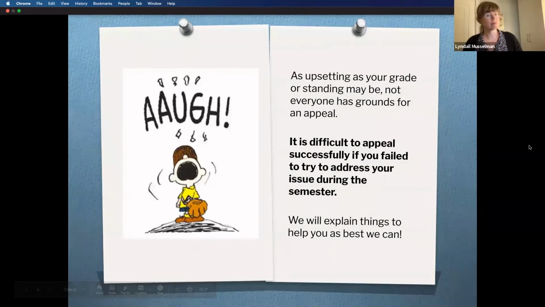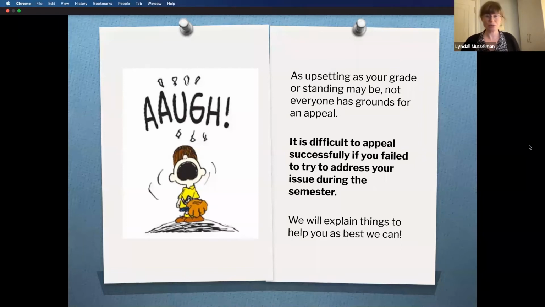So we say this with good intentions and with the goal of trying to support you as best possible, but we just want to let you know that sometimes, as upsetting as it might be, if you disagree with your grades or your academic standing, not everyone has valid grounds, so appealing can be tough sometimes.